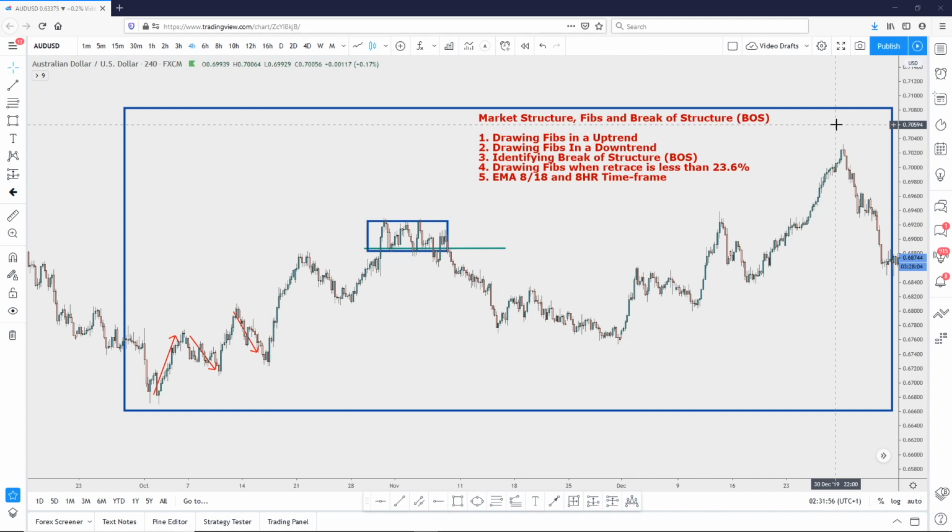So this is probably the most important lesson and the most important three skills that you absolutely need to master. I actually don't want you to go any further in training until you master market structure, Fibonacci, and breakout structure.